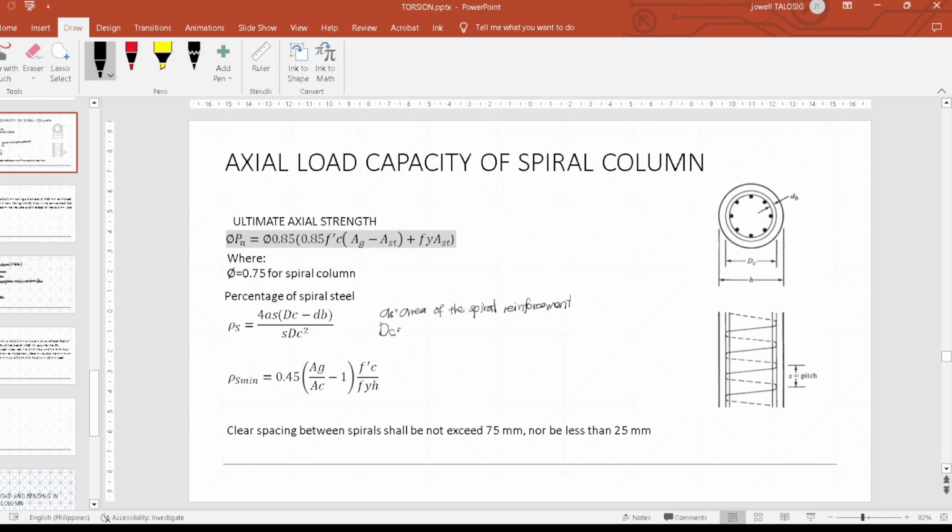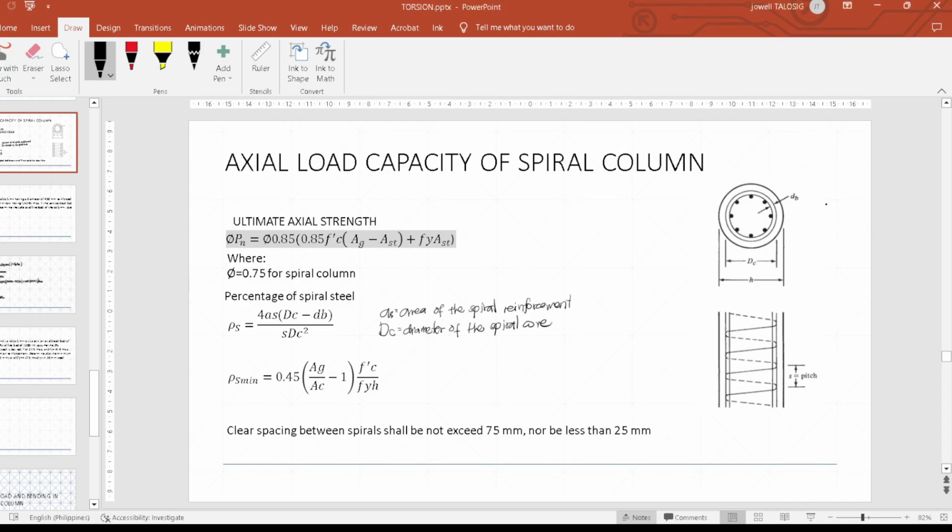Okay, and for dc, this is the diameter of the steel core, from outside to outside of the spiral, no? As you can see in the figure. So diameter of the spiral core. All right. So as you can see in the figure, yun yung dc. Okay. So it is from outside to the outside.